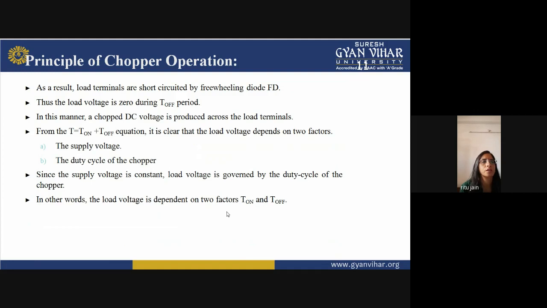From the equation T is equal to T on plus T off, it is clear that the load voltage depends on two factors: one is your supply voltage and the other is the duty cycle of the chopper. Since the supply voltage is constant, the load voltage is governed by the duty cycle of the chopper. So you can say in other words that the load voltage is dependent on two factors, T on and T off.